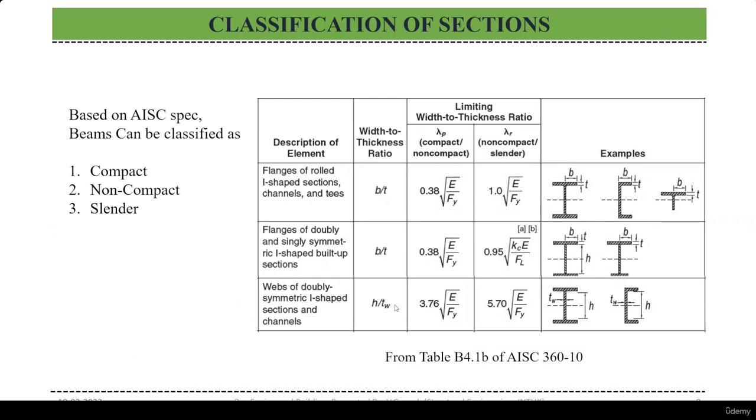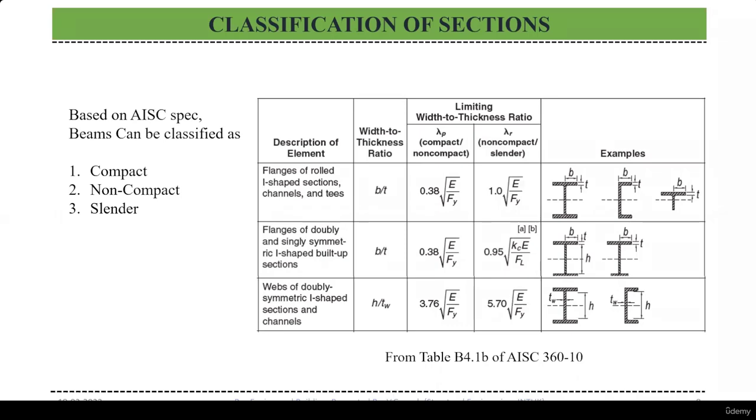Similarly for webs also, here h is nothing but the height of the web, whereas tw is nothing but the thickness of the web. These are the values for compact section and non-compact section. Generally in the PEB industry, most of the PEB manufacturers are going to use slender sections or non-compact sections only.